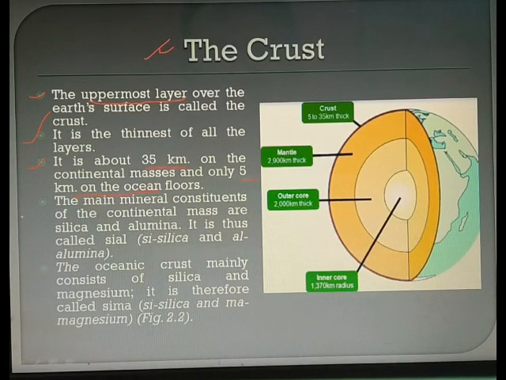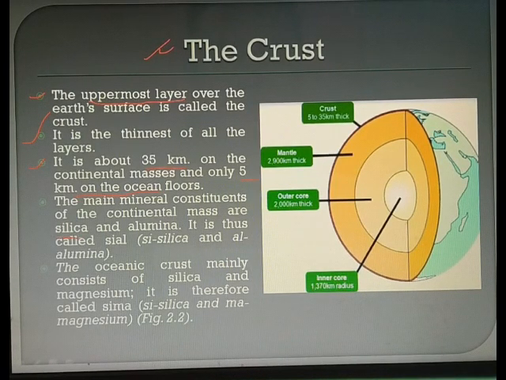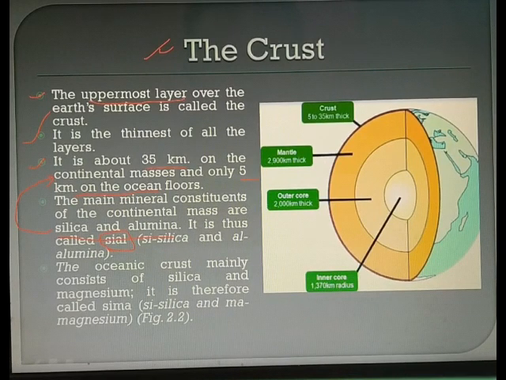The main mineral constituents of the continental mass are silica and alumina, and it is called the SiAl. The oceanic crust mainly consists of silica and magnesium, and it is therefore called the SiMa. Si for silica and Ma for magnesium.